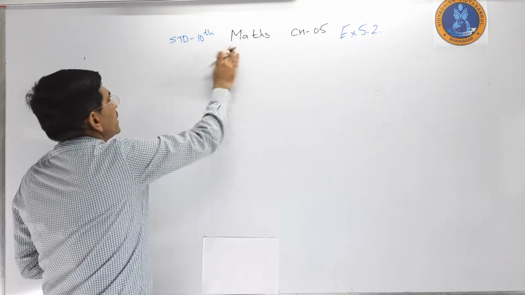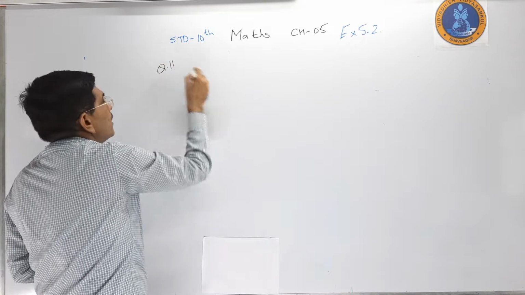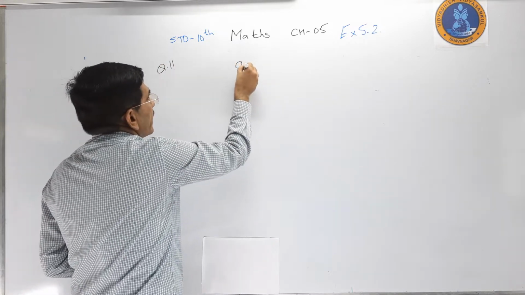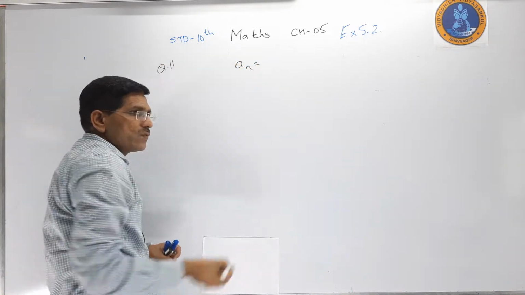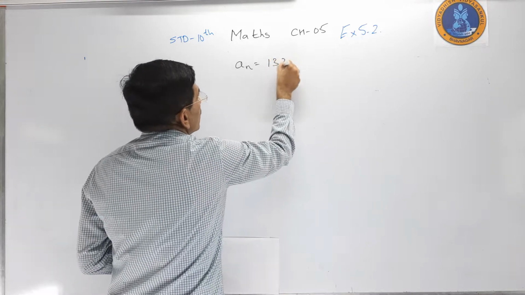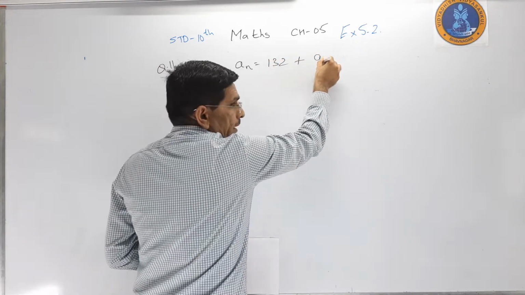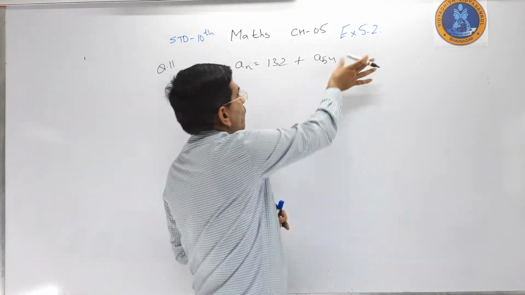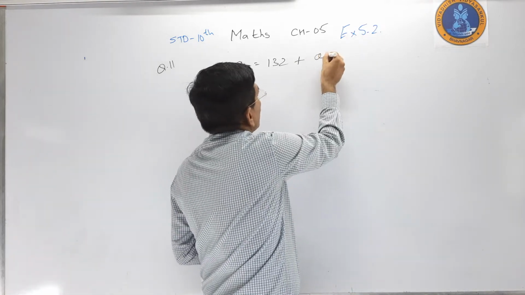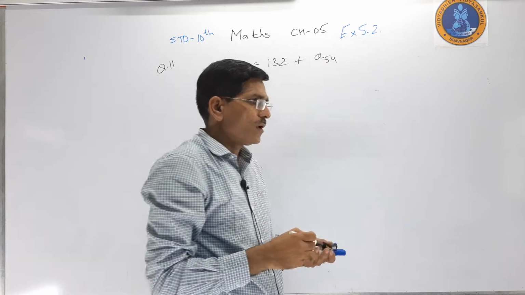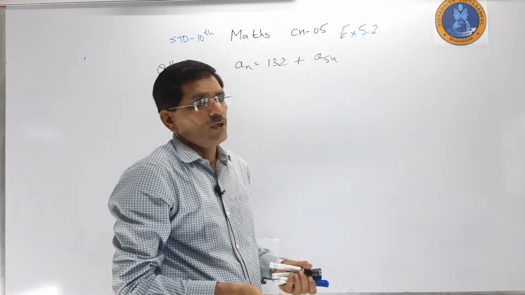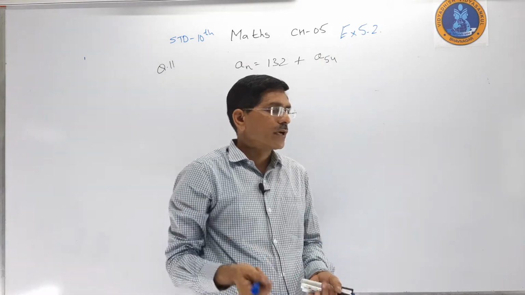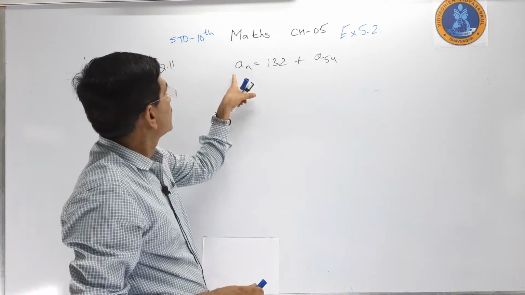So question number 11: which term means An is 132 more than A54? Which term of the AP is 132 more than A54?